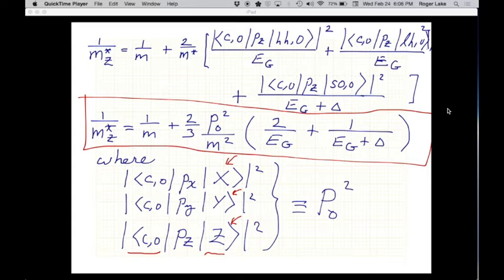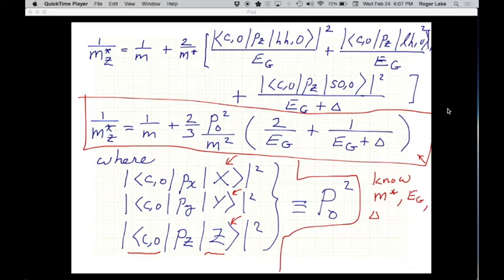Okay, given that, if we look at this expression here, we're talking about some material that we know something about. So in general, experimentally or whatever, you know ahead of time the effective mass m star of the material, you know the band gap, and of course you know the spin orbit splitting. You know all that from experiment.